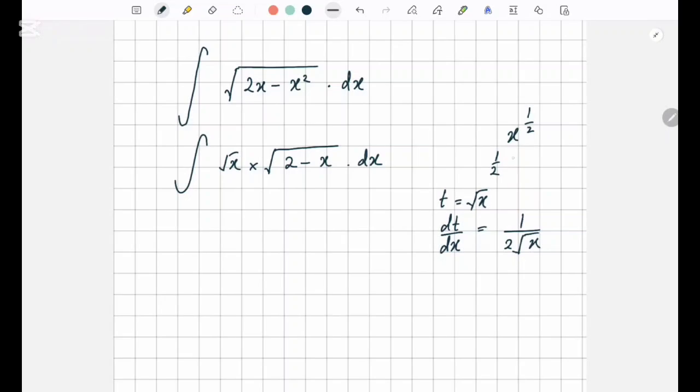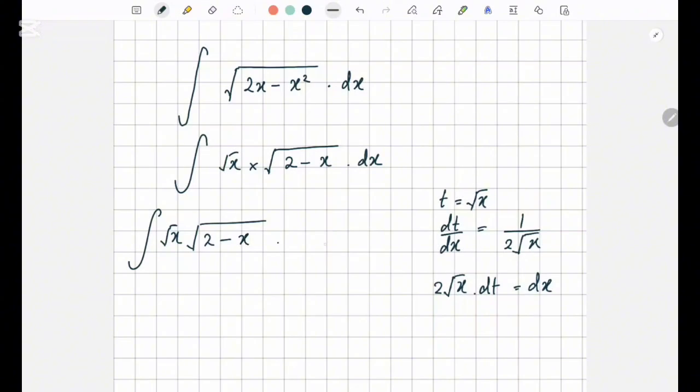Half comes down and the power gets subtracted by 1, so it's x to the power minus half. Since it's x to the power minus half, I take it down onto the denominator. So you could write this as 2 root x dt equals dx, right?